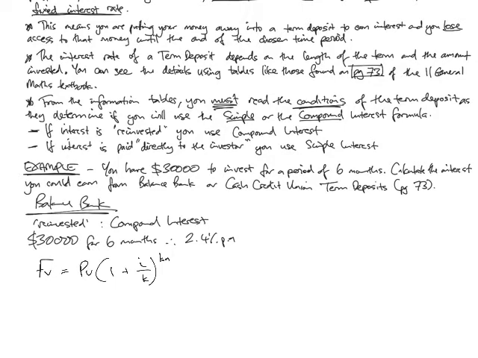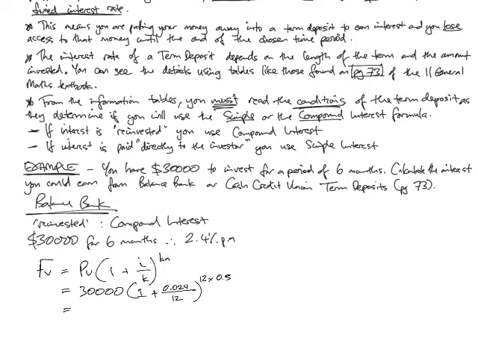So PV is going to be 30,000, 1 plus the interest rate of 2.4 as a decimal, so 0.024, divided by k. It says it's being credited monthly, so it's going to be 12, and then kn is 12 times n. Well, we're not even doing a whole year, we're doing half a year, so 12 times 0.5.